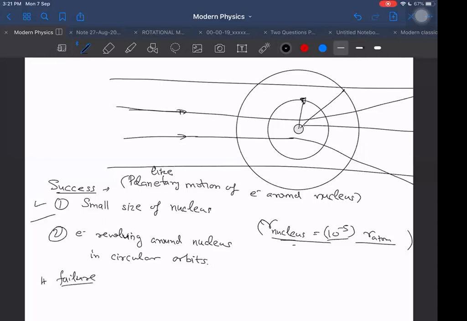It is a well-known fact that any charge which accelerates will lose energy. It was a well-known fact by that time, when Rutherford said these things. There were experiments which proved that any charge which is accelerating definitely loses some energy. This was the perception at that time.